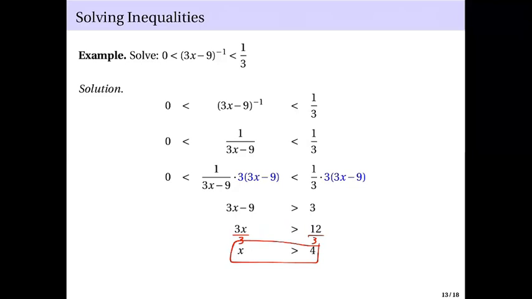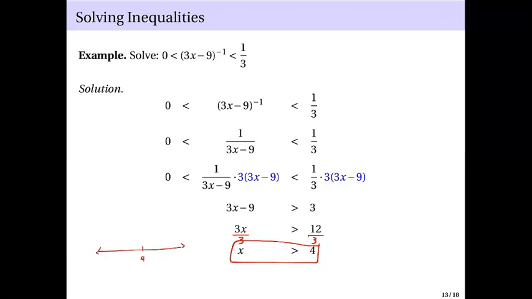Now graphically, this is what we'll get. So here you have the real line, and then you have here, say, 4, and you want your x to be greater than 4. Strictly greater, so we use parentheses. X greater than 4, parenthesis opens to the right.